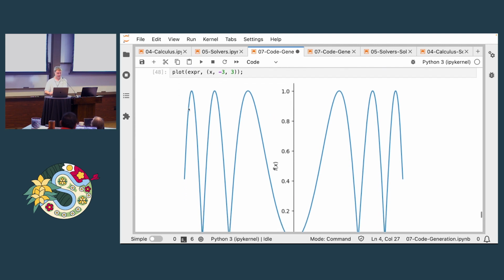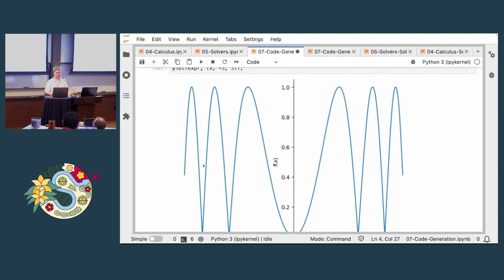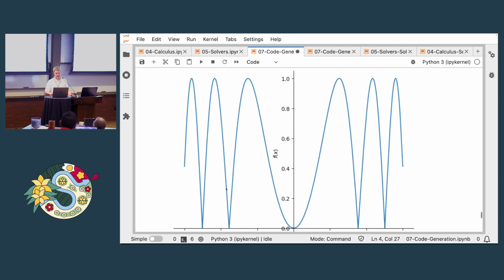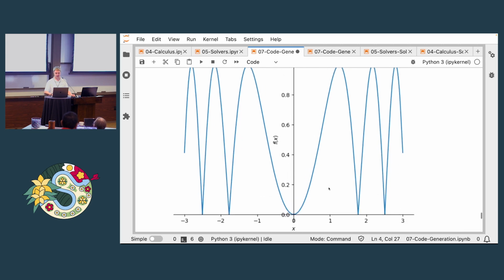Yeah, well, the SymPy plot function is a nice wrapper, but matplotlib lets you customize a plot however you want, arbitrarily. SymPy puts this little f of x here and this x here, does a range for you, and makes the line blue. And if you want to change any of those details, you can do it with matplotlib.